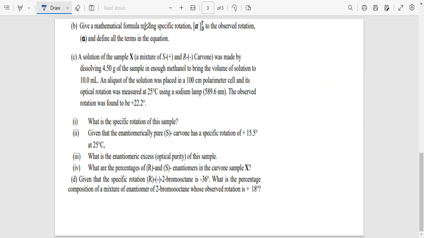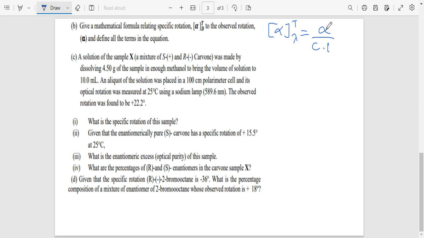Give a mathematical formula relating specific rotation to the observed rotation and define all the terms in the equation. So specific rotation, we have got temperature there, and then we have wavelength. That is going to be equal to observed rotation divided by the concentration multiplied by the length.